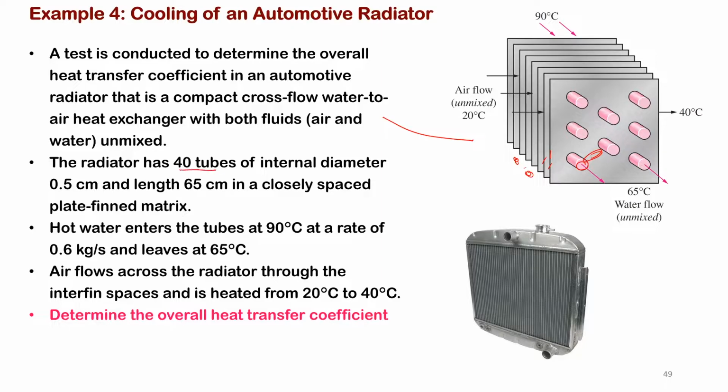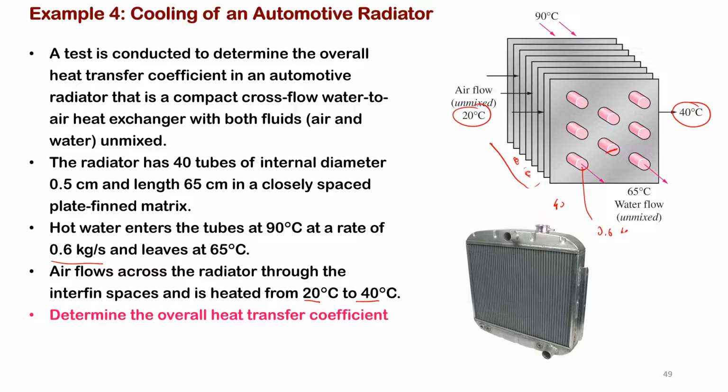So we have 40 tubes, the diameter is given 0.5 and the length is given 65 centimeter. So the rate of water is at 0.6 kilogram per second. So inlet and outlet temperature of air is given 20 and 80.